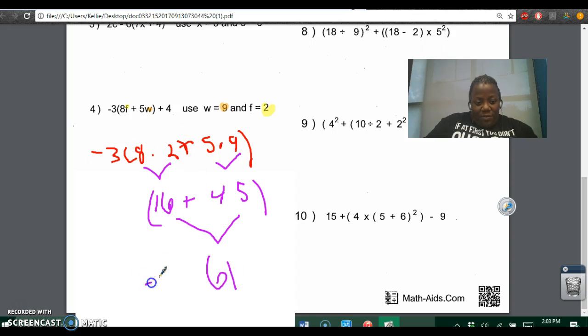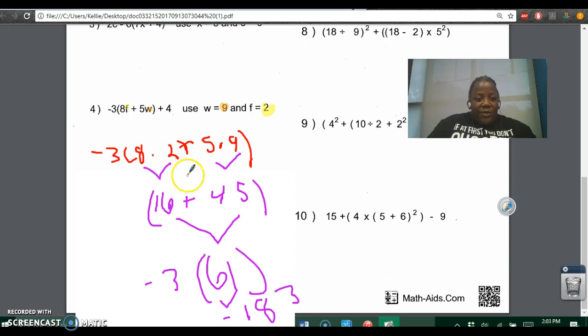Don't forget you have this -3 on the outside. And remember, it's multiplication with it. So -3 times 61, which will equal negative 183. Negative 183 for number 4.